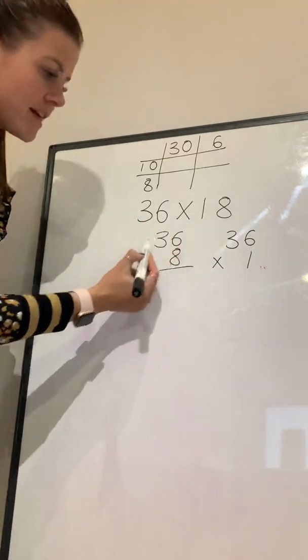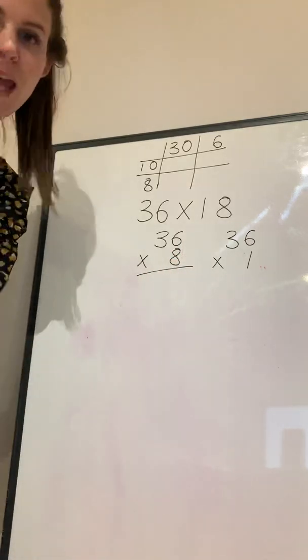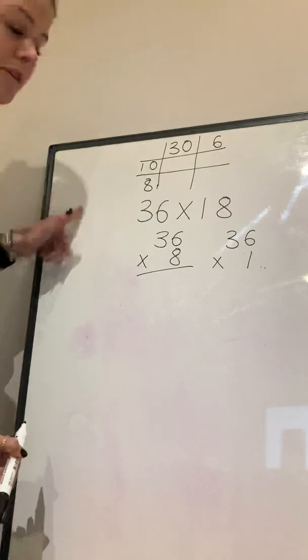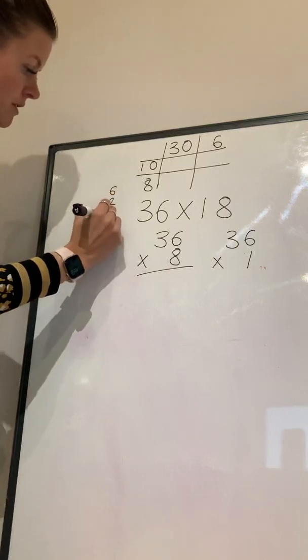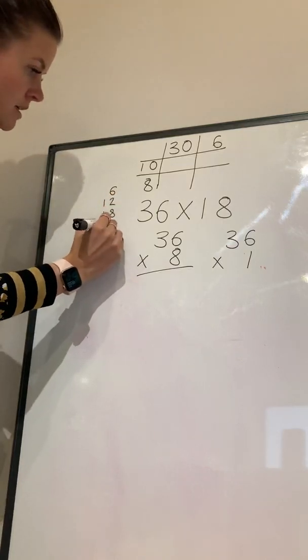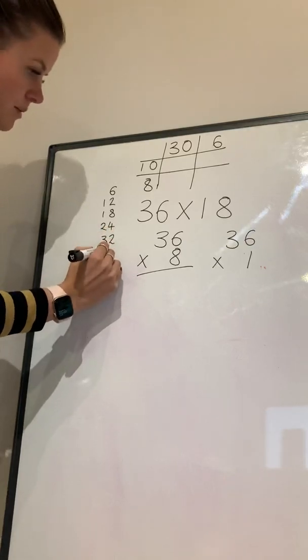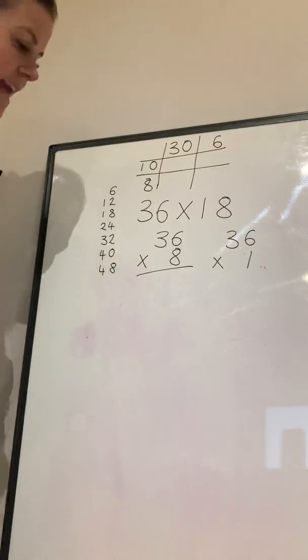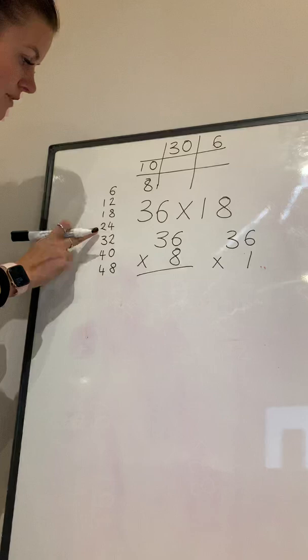So 36 multiplied by 8. Well, I know that 6 multiplied by 8, I'm going to count up in my 6s. So I might jot them down here: 6, 12, 18, 24, 30.